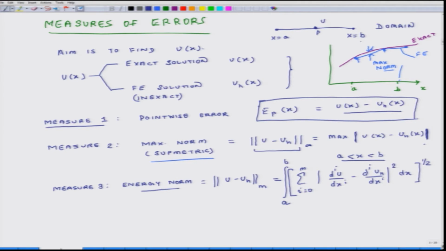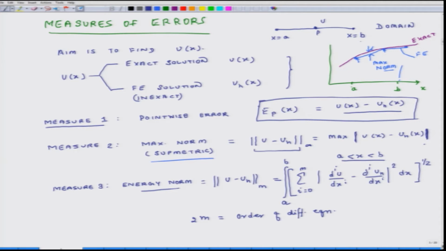Now, what is m? 2m represents the order of the differential equation.